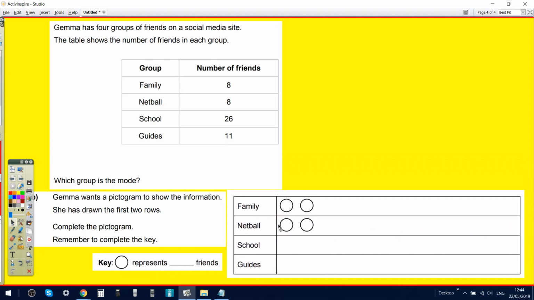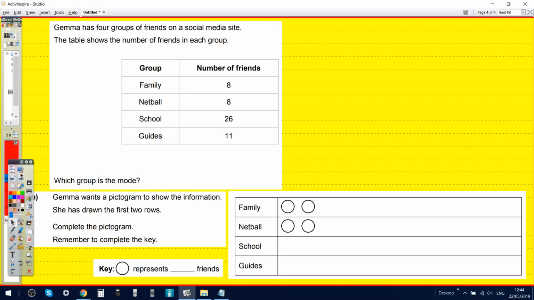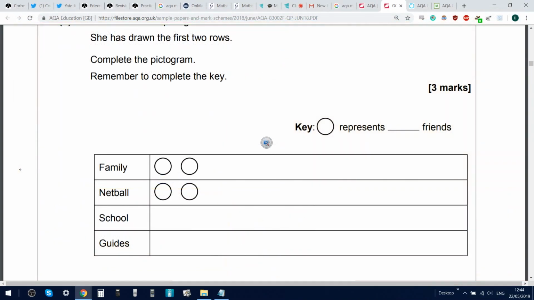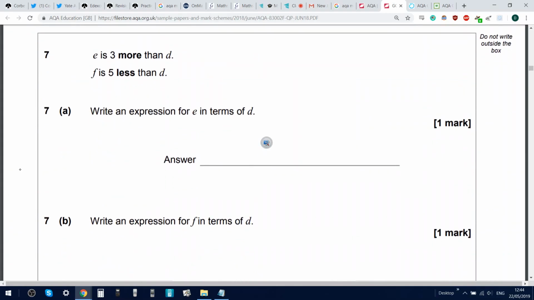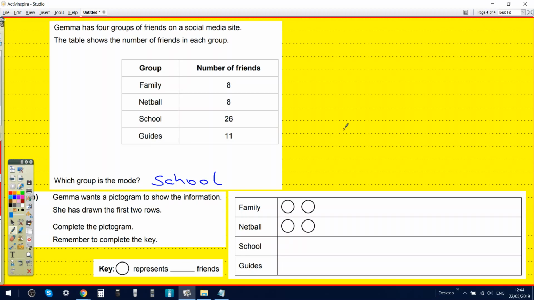Okay, how do we do this? Alright, so a circle represents, just going the first two rows.